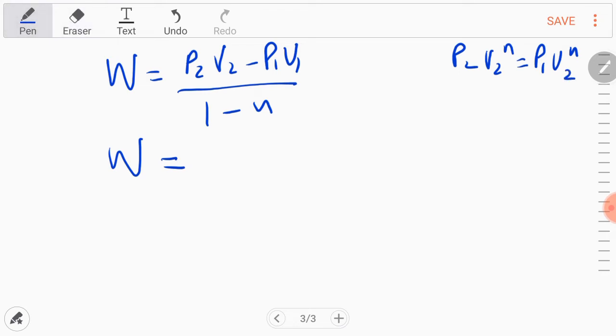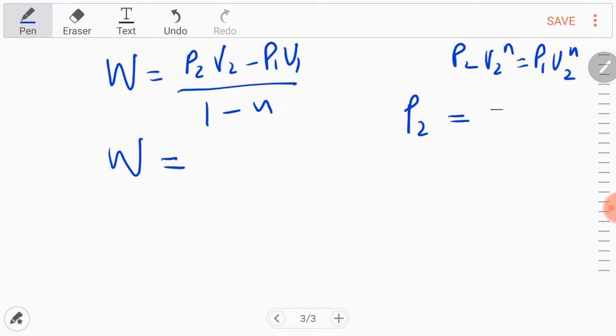Now P2 can easily be calculated by putting V2 over there. P1 we know is 3 bar, and 1 bar is equal to 10 power 5 Pascal.